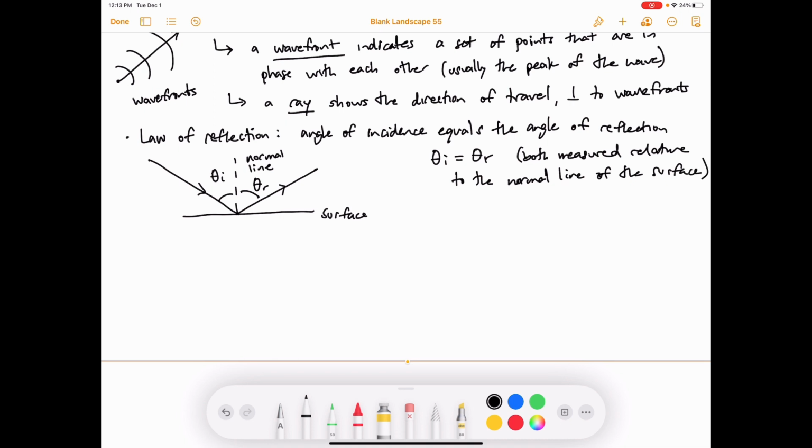Okay, now refraction, let's actually just explain what refraction is. So any wave can refract, and when we say there's refraction happening, we're saying there's a change in direction of a wave when traveling into a new material.